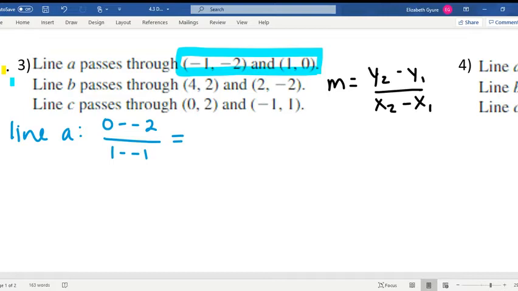Very good. We need to make those positives. And then what's 0 plus 2? 2. And then what's 1 plus 1? 2. And can you reduce that? What's 2 divided by 2? 1. So your slope there is 1.